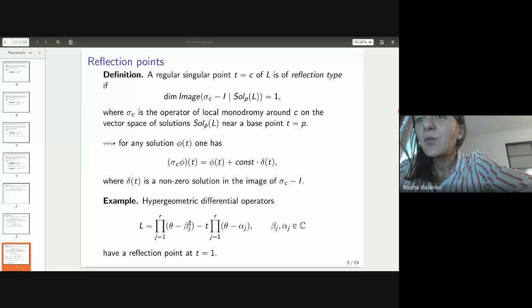At 0, the local exponents are beta j. At infinity, they are minus alpha j. And at 1, we have a reflection point. In fact, there is a subspace of solutions of codimension 1, which are analytic at 1. And all solutions add a multiple of one distinguished solution when they go around 1. The question is which solutions. That's interesting. There is no nice formula for that.